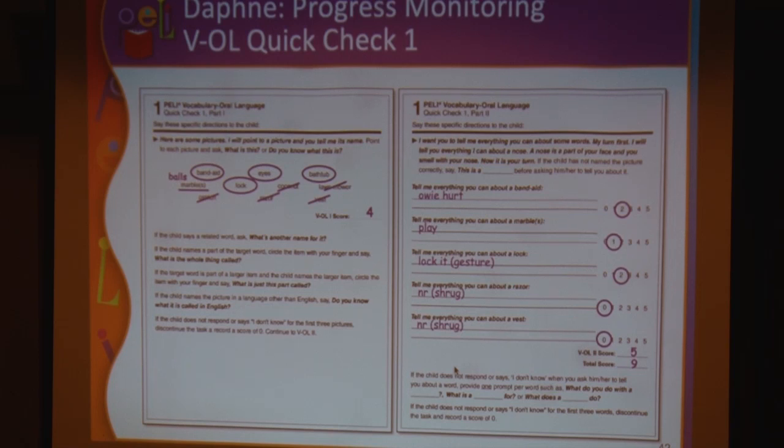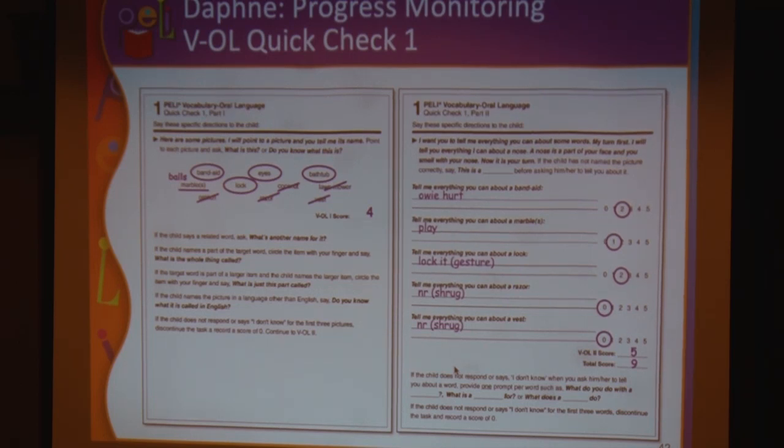The ones that are slashed are words that she didn't name correctly. Words that are underlined are words where she said something indicating she has some knowledge of that word. Over here, on the tell about, you can see how she did, and her scores are 0s or 1s, I believe. There's 2s.